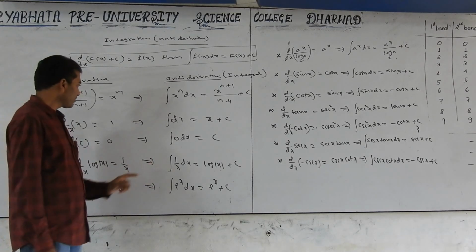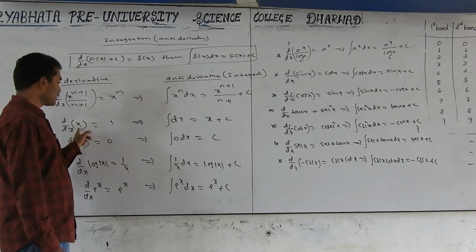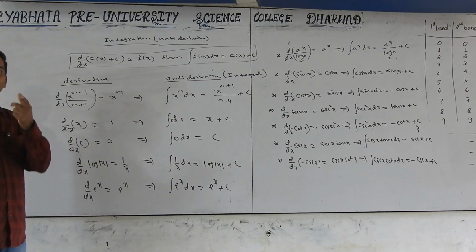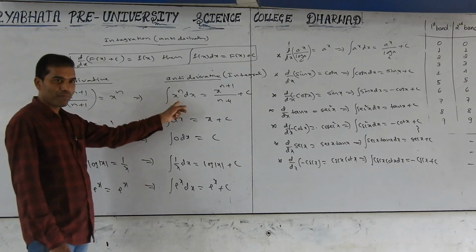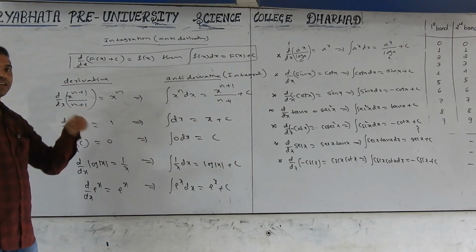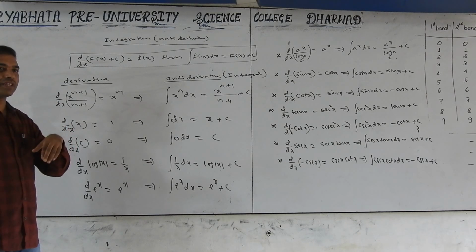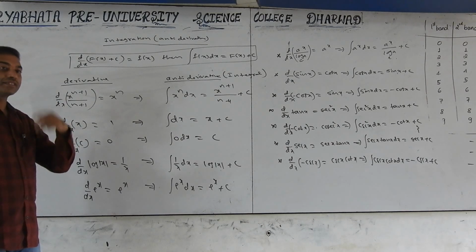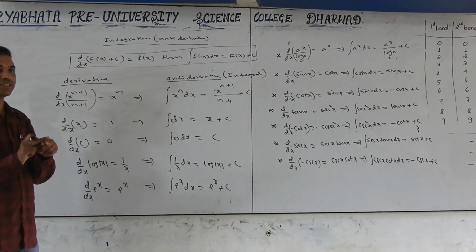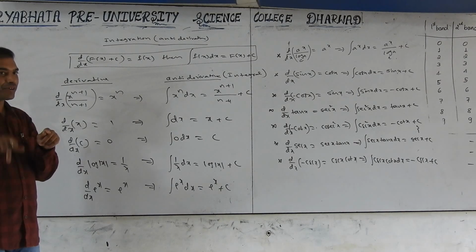Okay. Now derivative of x is 1. Integration of x is x square by 2. Derivative of x raised to n is n into x power n minus 1. Integration of x raised to n is x raised to n plus 1 by n plus 1. Derivative of root x is 1 by 2 root x.